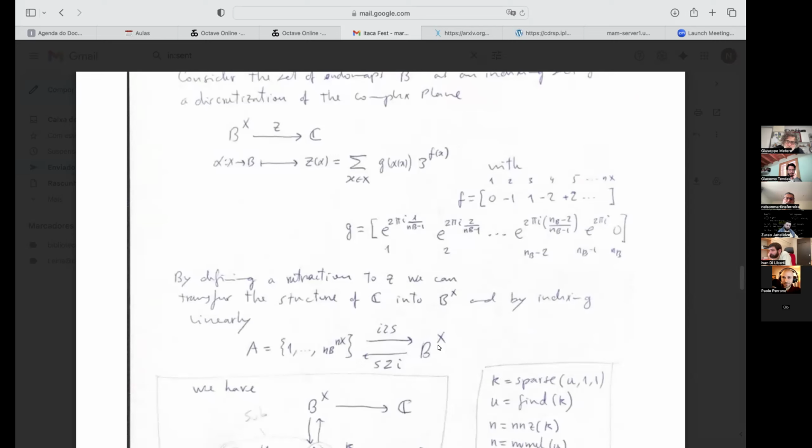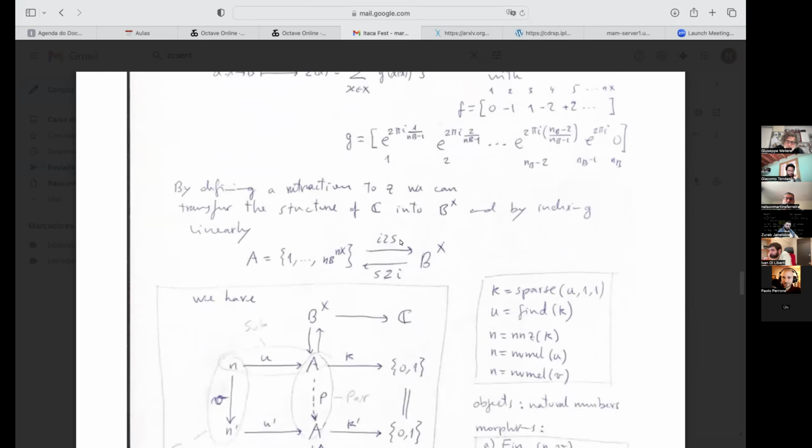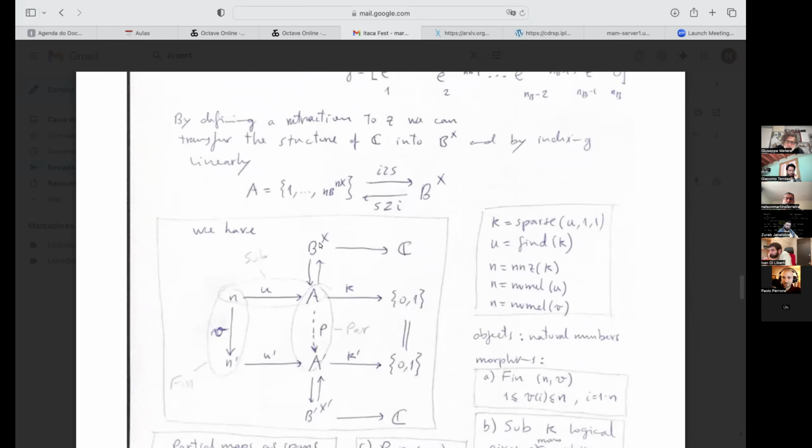So we no longer work with maps, but we work with indexes to those maps. And so the overall structure looks like this, where we start with the complex numbers, we discretize it by some structure, and then we linearize. So this A is now just a set of indexes, just linear indexes.